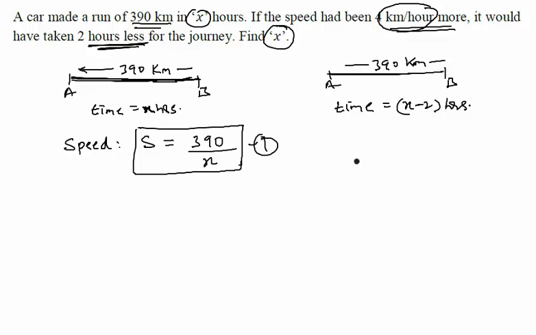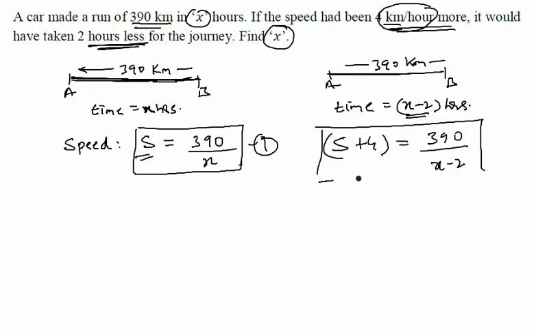So what will be the equation that we will get? S was the original speed, but we want 4 kilometers per hour more, so that our time will be 2 hours less. So again, our equation will be distance upon time. This is our second important equation.